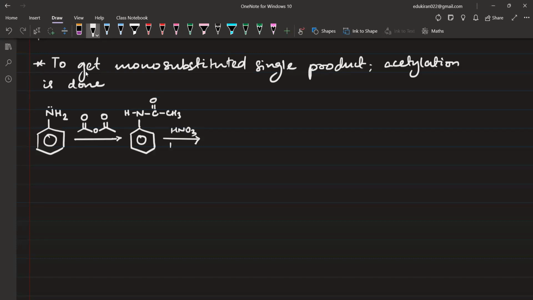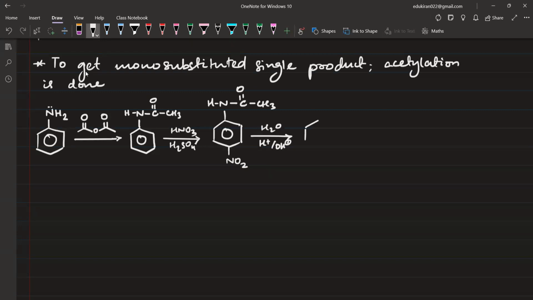That is our reagent for nitration. And you will only get a para-substituted nitro product because the ortho position is quite hindered right now. And after hydrolysis in the presence of H plus or OH negative, you will get back the NH2 group. Nitro group will be as it is.